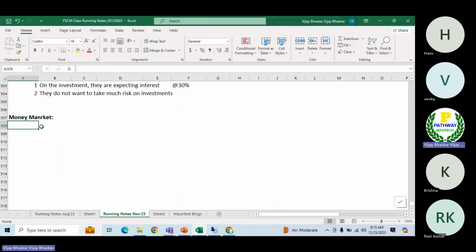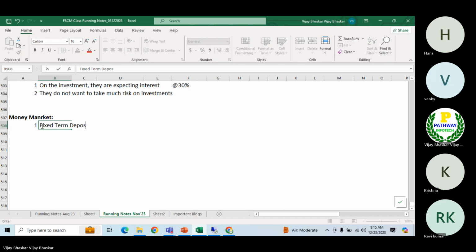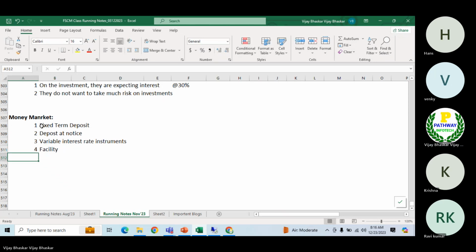We are going to discuss fixed term deposit, deposit at notice, variable interest rate instruments, and then the next one is the facility, which we are going to discuss in the money market. These are the instruments we are going to discuss.